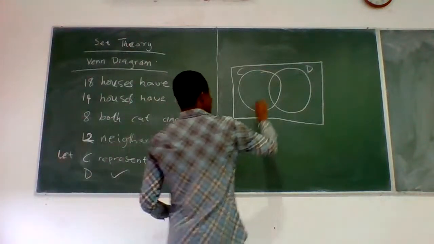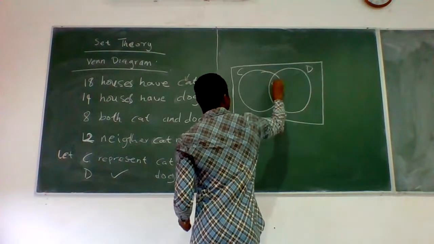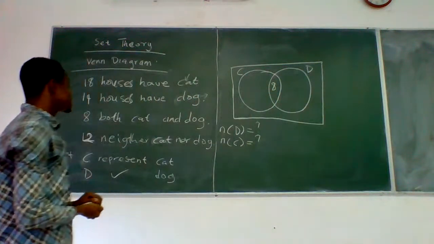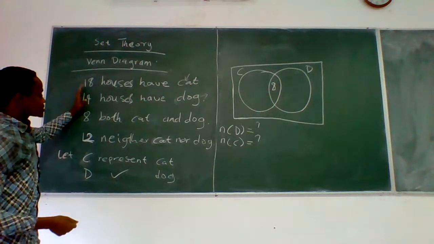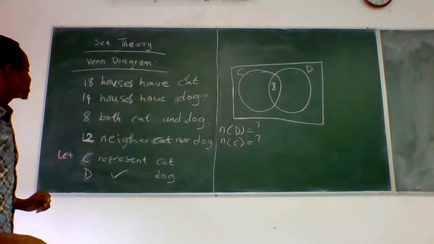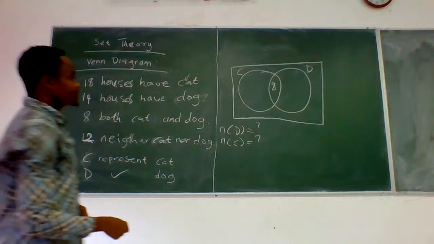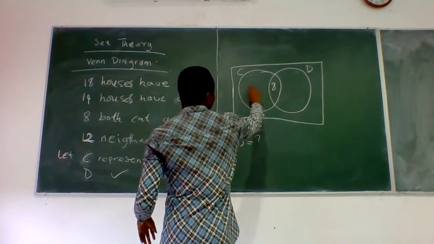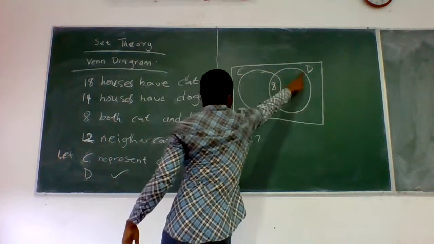So first we have this 8, this section represents both. Both means houses having both cats and dogs. So we have 8 houses having both cats and dogs.